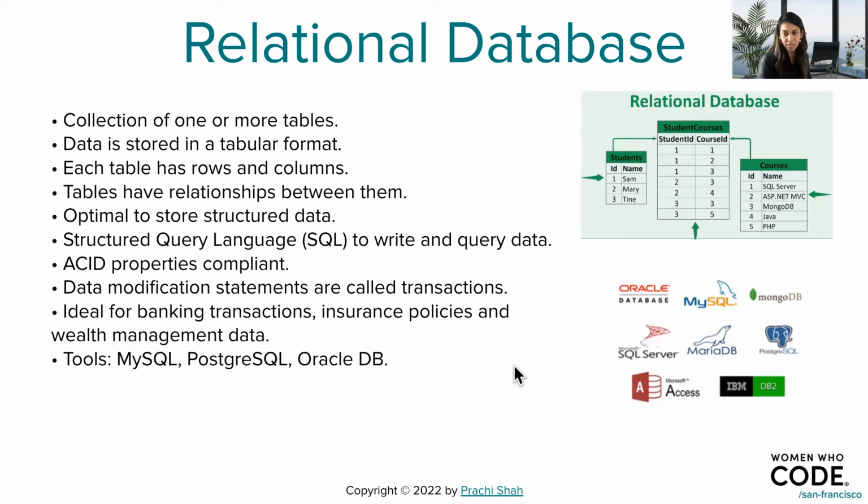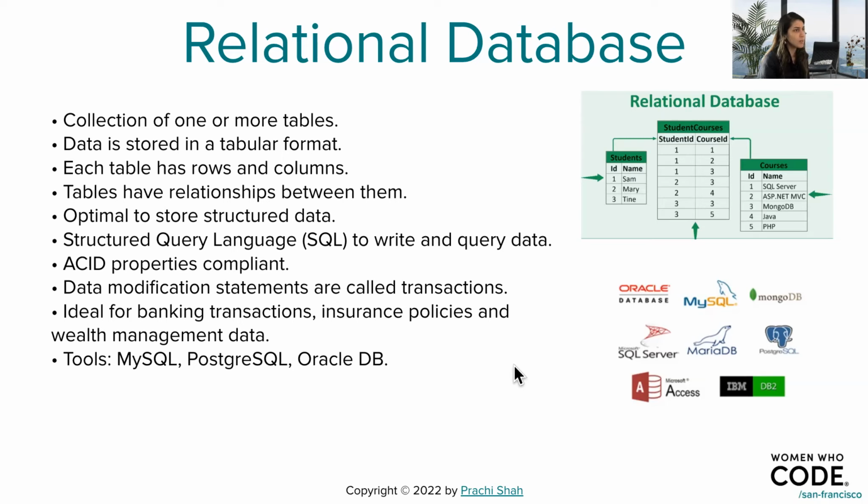If you are a customer at Chase Bank, you may have some kind of account information, some kind of profile information, your payments, credit card bills, right? You might also be enrolled in some kind of investment instrument with the bank. So all of this different data related to you as a customer is usually stored in relational data, because there is some link between this kind of structured data. So fintech is a great example of relational databases.